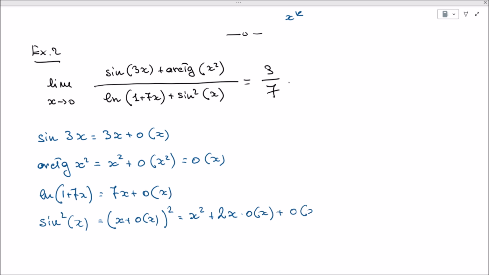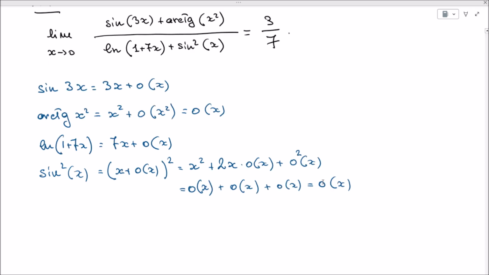And now we see that x squared is simply little o of x, right? Then we have that also this product x times little o of x is another little o of x, and also o of x squared is another little o of x. So we can conclude that this is finally little o of x.